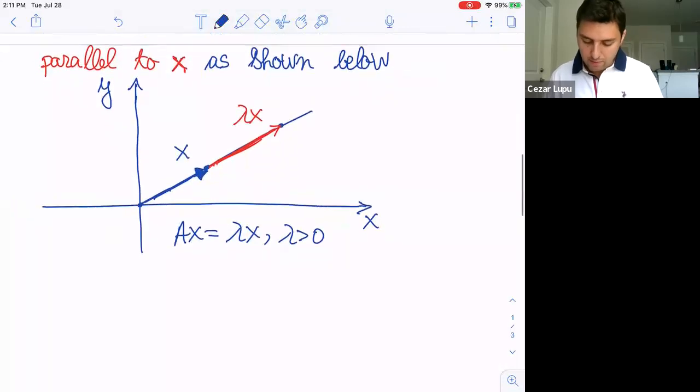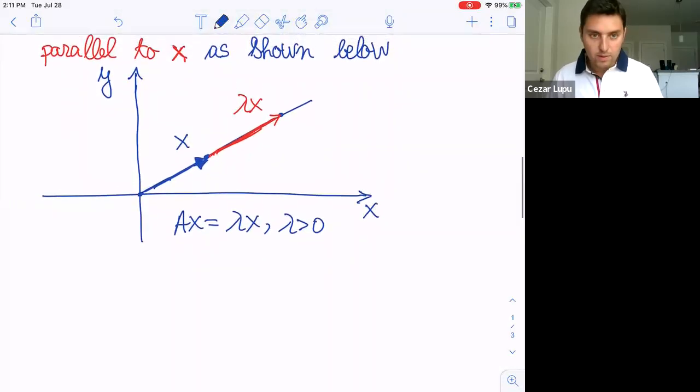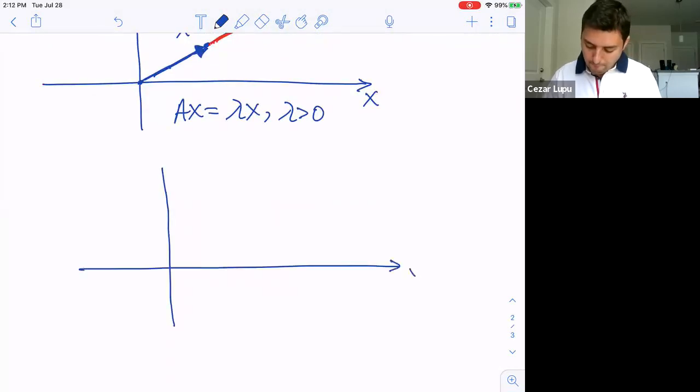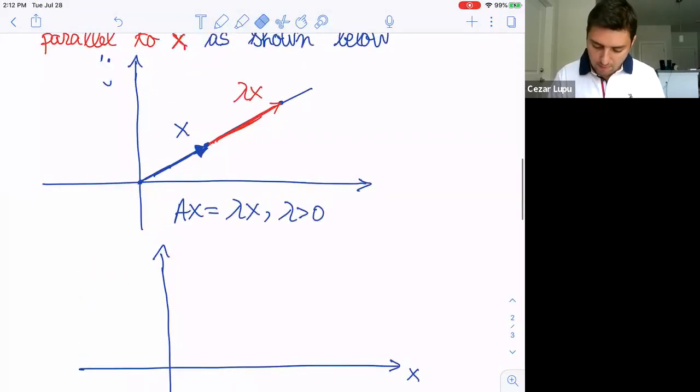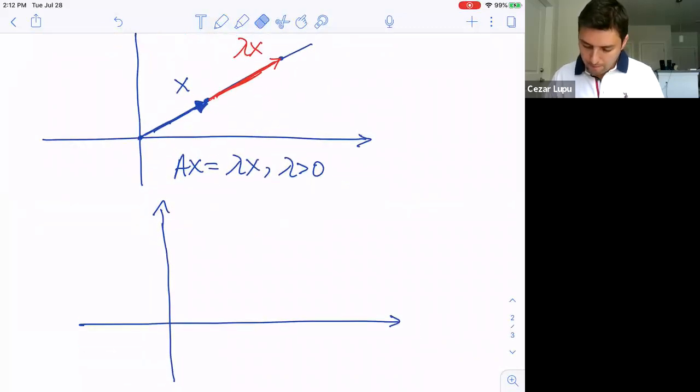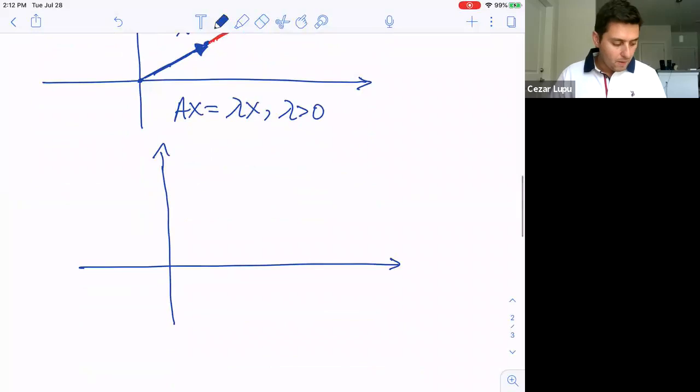So let me draw another picture, which will be similar to this one. Maybe I should not mention x, y axis so that you cannot mess this up with that. So these are the axes. Okay, and now I'm going to draw the same picture. So this will be my vector x, right?